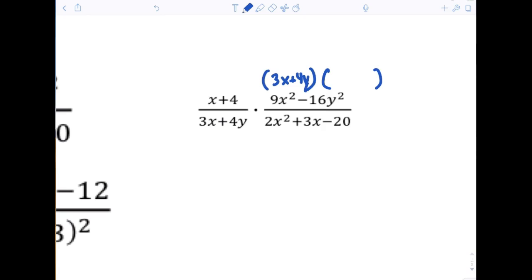How did I know there was going to be a 3x plus 4y? Because there is a 3x plus 4y on the bottom. So everybody see, it's going to help you do the factoring. Now, if it's 3x plus 4y, the other factor is going to be what? 3x minus 4y. Now, what probably is on the bottom? A what? An x plus 4 is on the bottom.